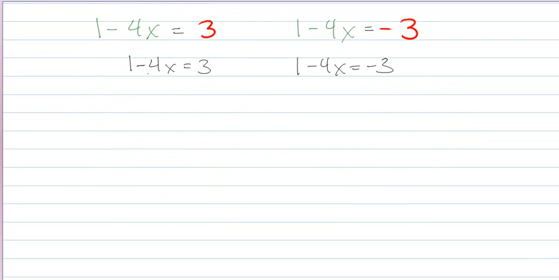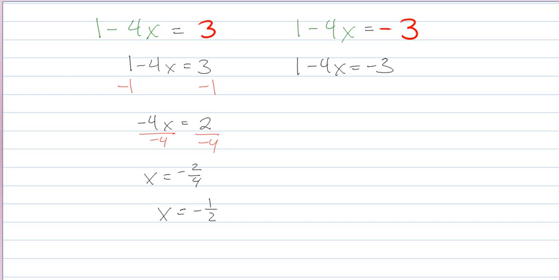Alright. So we want to isolate the x. We'll subtract 1 from both sides. So we've got -4x is 2. Divide both sides by -4 and get x equals -2/4, or x equals -1/2.